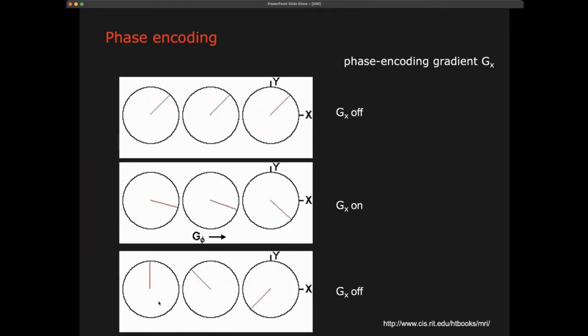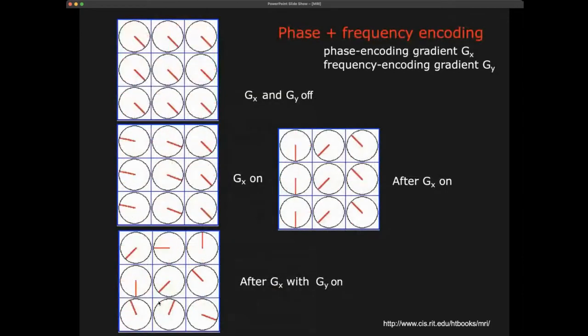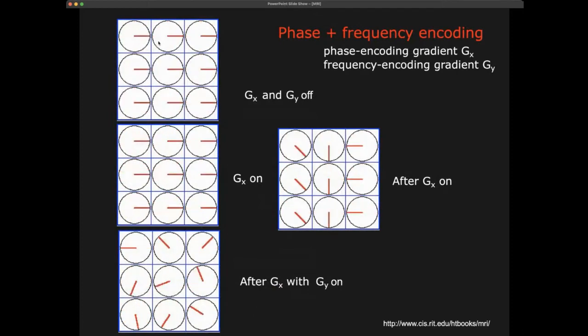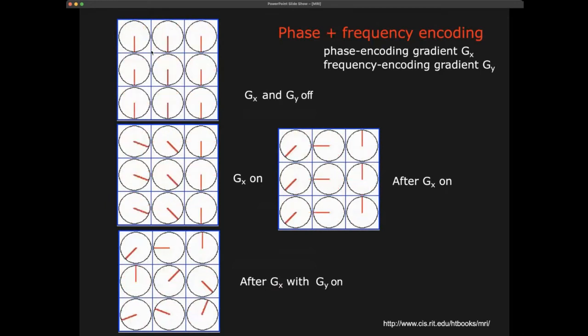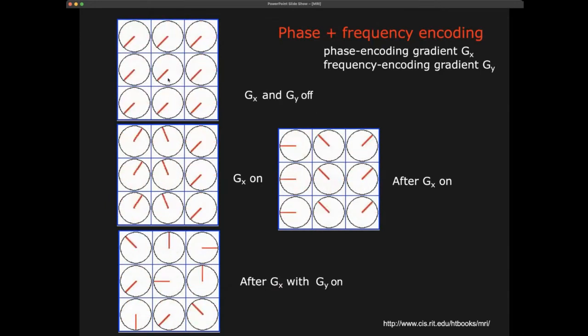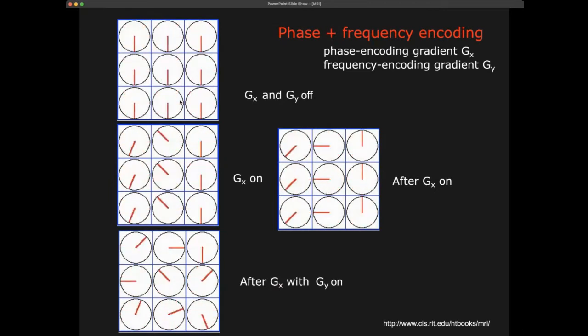So now we still have to find a way to encode, of course, the Y direction, because we need both. We need the plane, we need the X, and we need the Y to have a unique position for every point. And we do that by adding another gradient. So what we do is first, in the XY plane, once they have flipped, just before the relaxation, they are going in the XY plane all with the same phase and the same frequency.